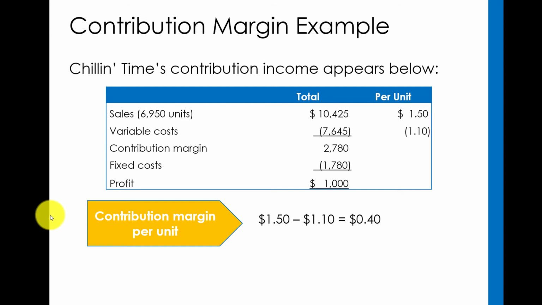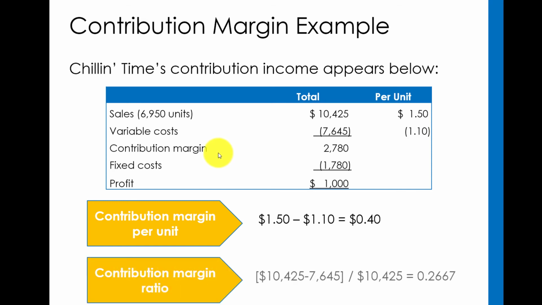Let's talk about contribution margin a little bit here. We have the same company selling the ice cream bars. Contribution margin per unit is 40 cents. $1.50 minus the $1.10 variable cost. That is interesting, but usually you're going to want the contribution margin ratio.